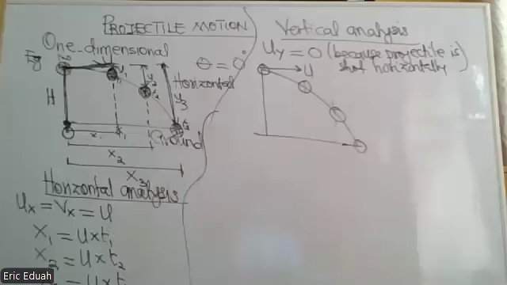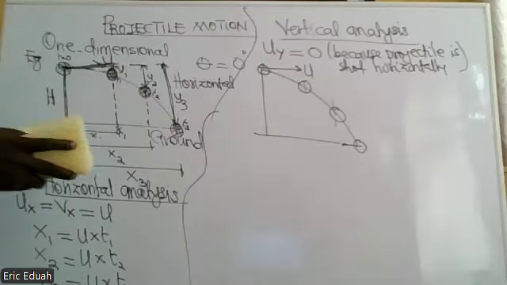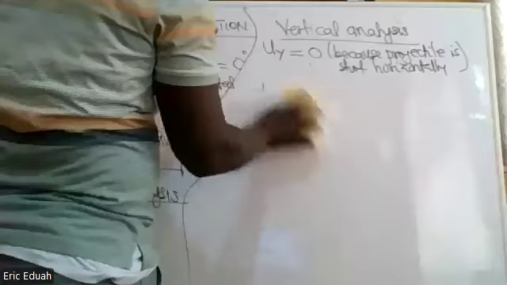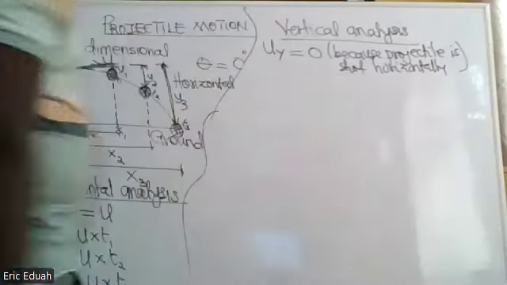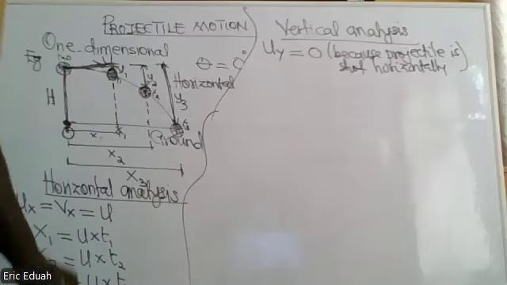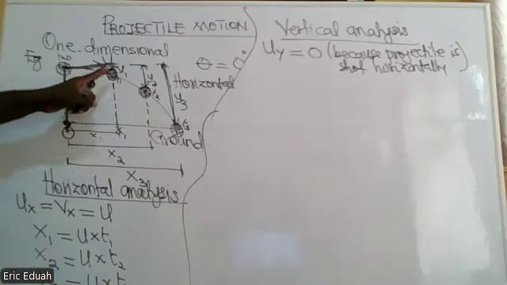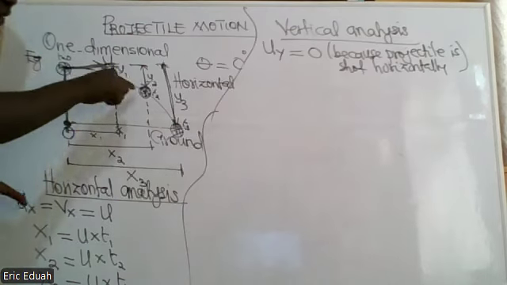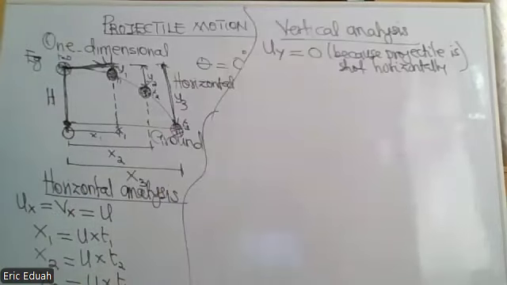So if the initial vertical velocity is 0, then vertically, because the object is within the gravitational field, you cannot take the force of gravity from it. It is the reason why, as the object goes by, it will be pulled down. It will be here, it will be here, and finally will drop.